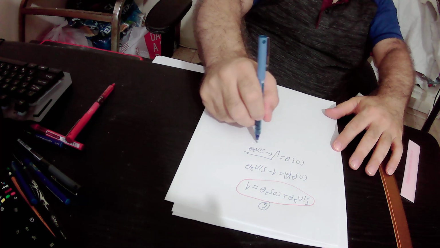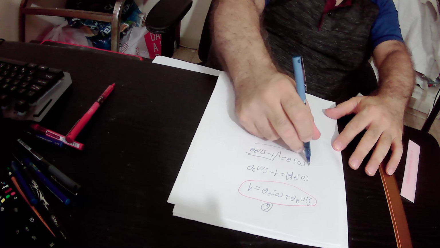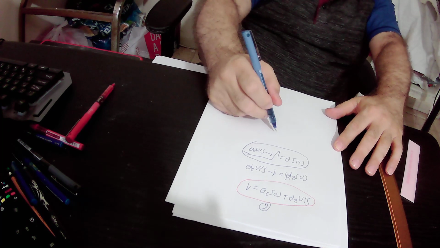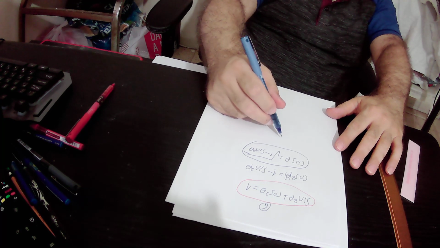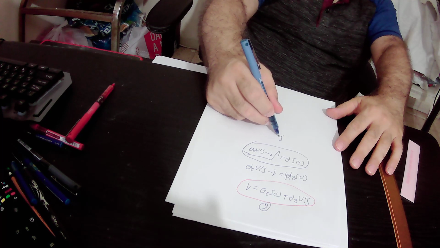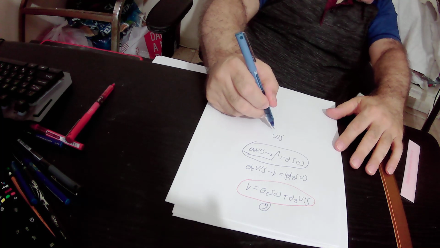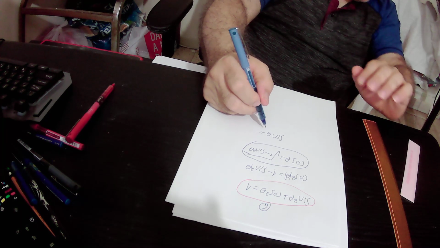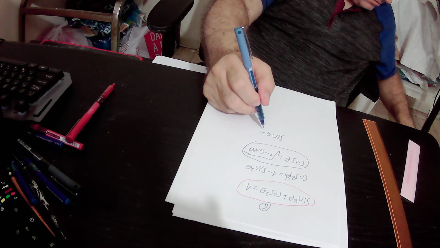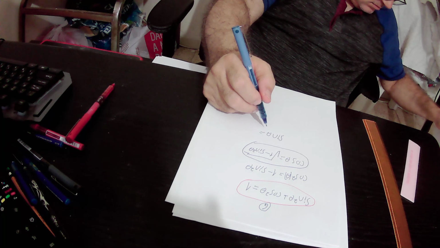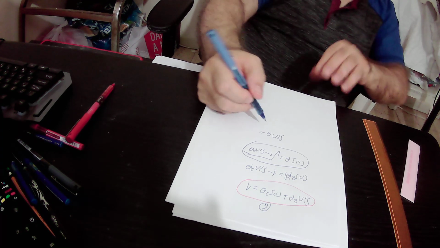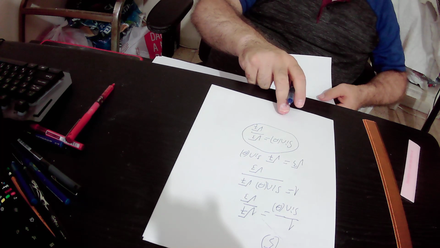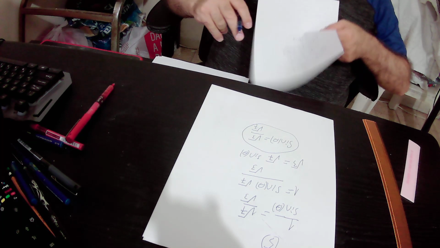So we got actually the value of cosinus theta, and we have already calculated the value of sinus theta. We know that sinus theta equals the root of 3 over root 7.